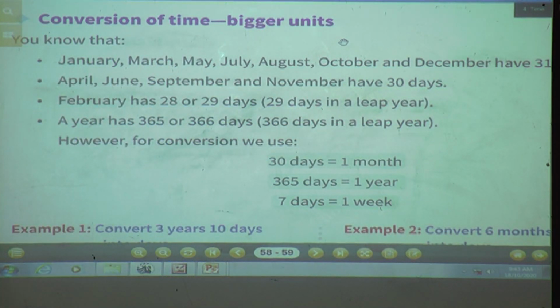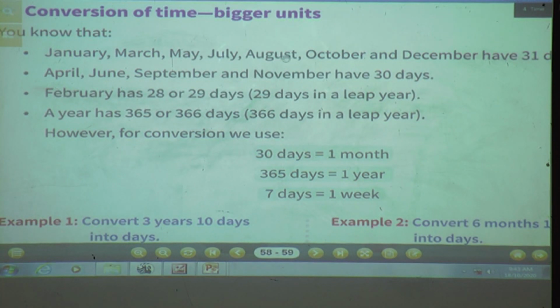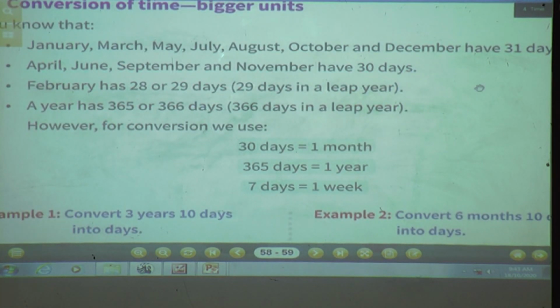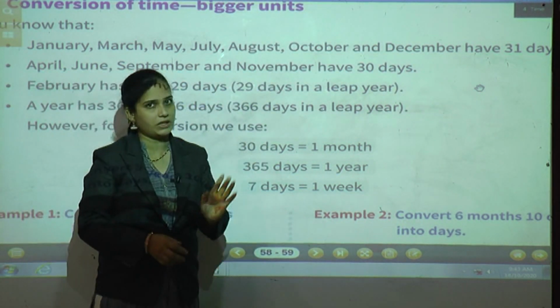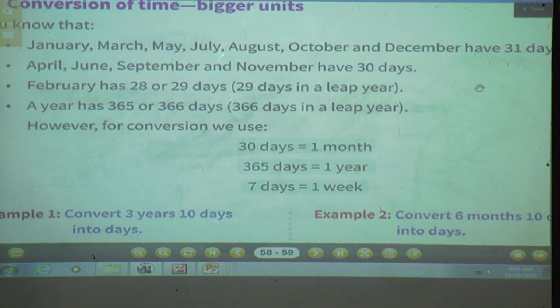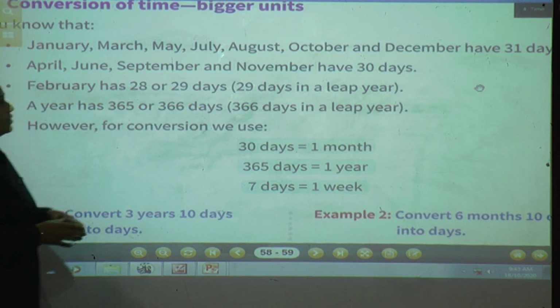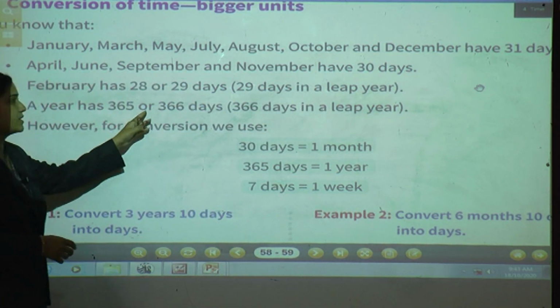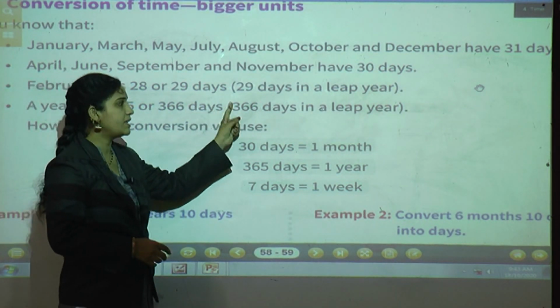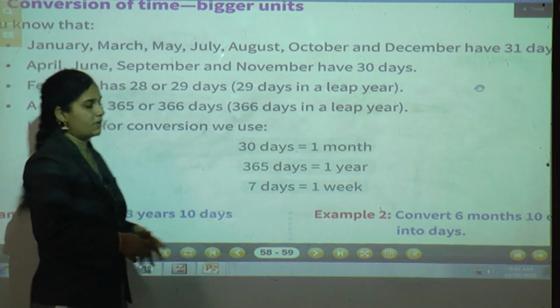You know that January, March, May, July, August, October and December have 31 days, isn't it? Now students, April, June, September and November have 30 days. Okay. February has 28 or 29 days, 29 days in a leap year. Now a year has 365 or 366 days, 366 days in a leap year.